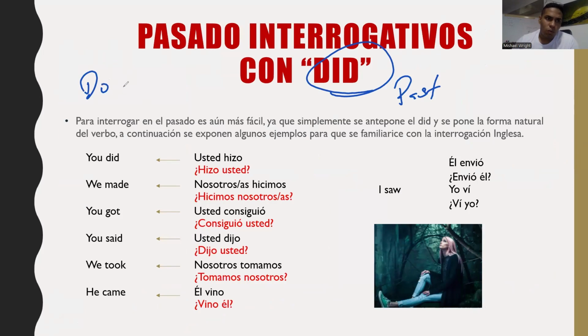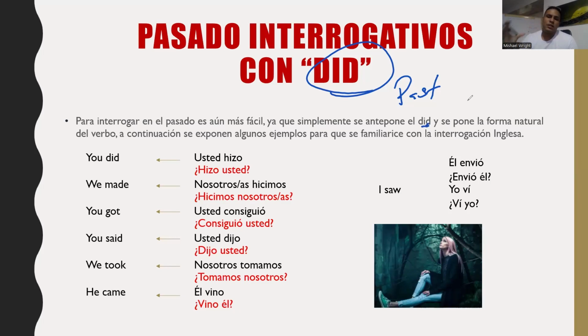Do and does are for present, but did is for past. You got it? Okay. So you did. Usted hizo.